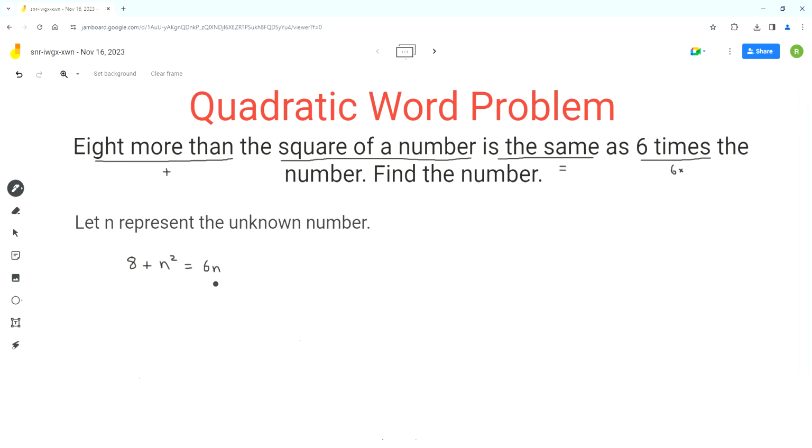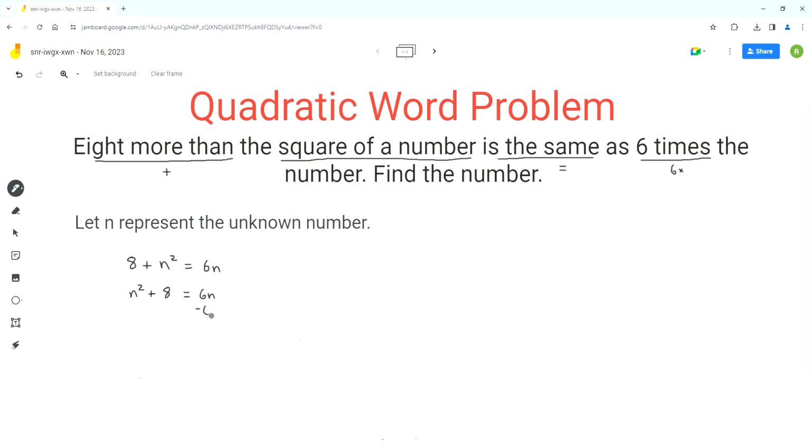Now we have to solve this algebraic equation to find the unknown number. We can rewrite this as n squared plus 8 equals 6n. We can move this n term to the left side of the equation so that we can make it equal to 0.